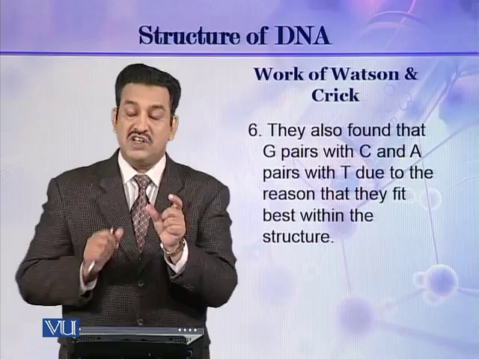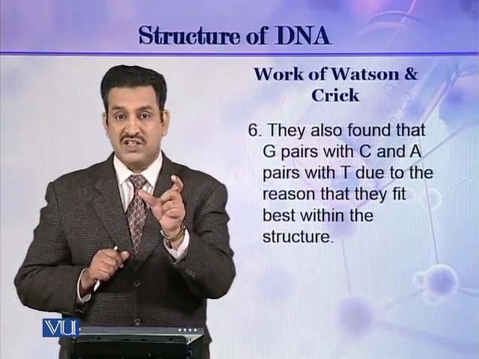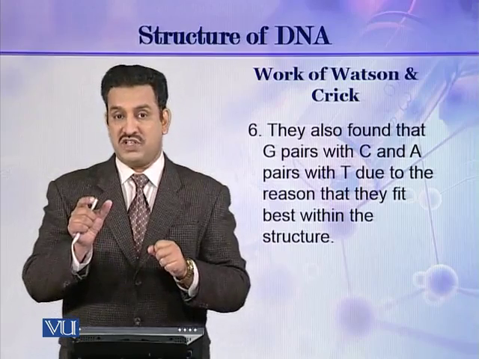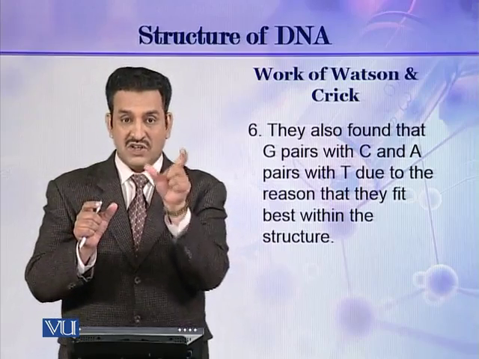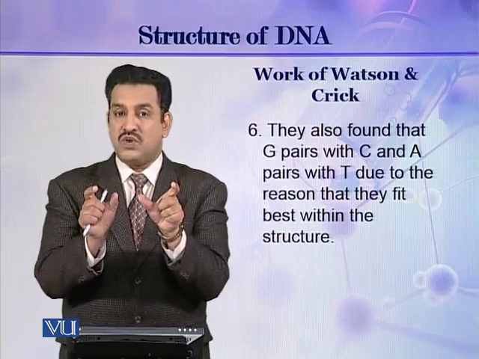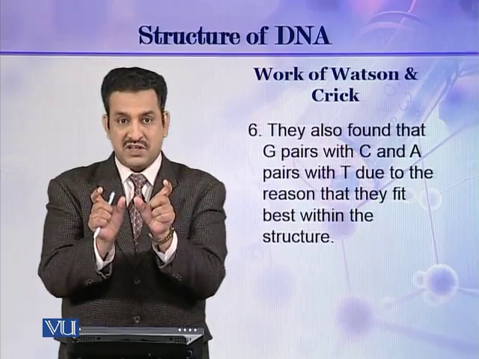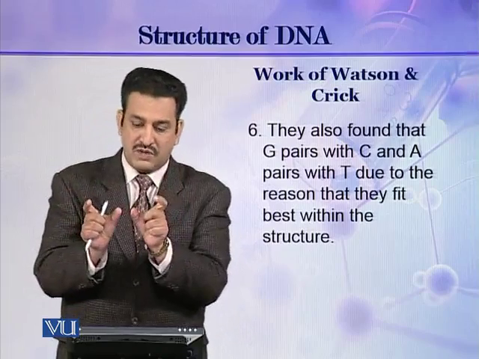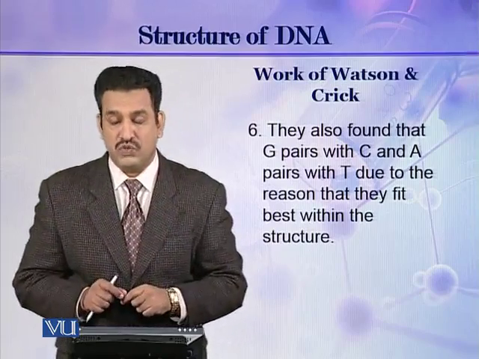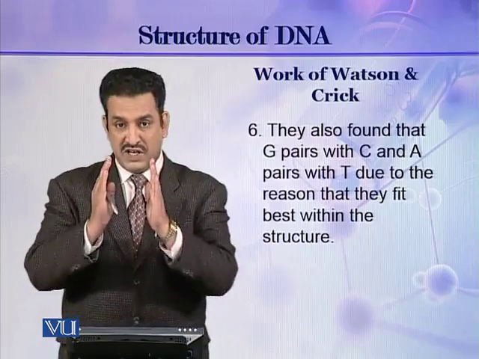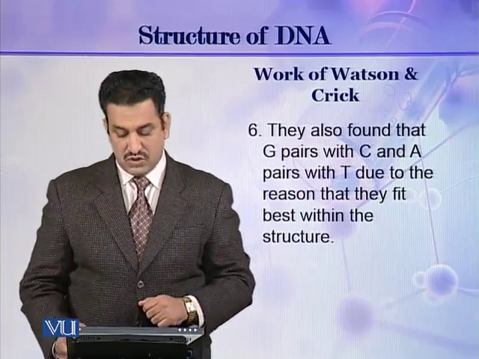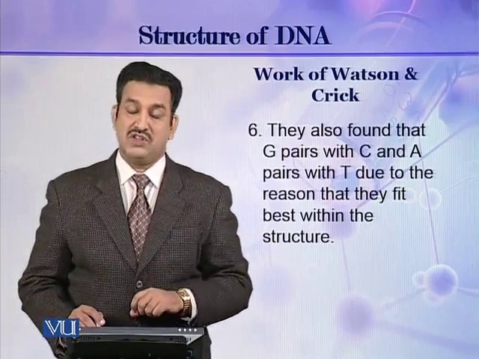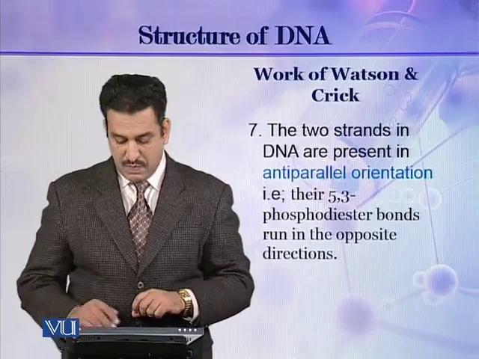Again, G is a purine, larger size, and C is a pyrimidine, smaller size. So one base is of larger size, the other is of smaller size. Similarly, if a larger base comes on this side, a smaller one will come on this side. In this way, a uniform helix will be formed. So this combination best fits in the structure of the helix.